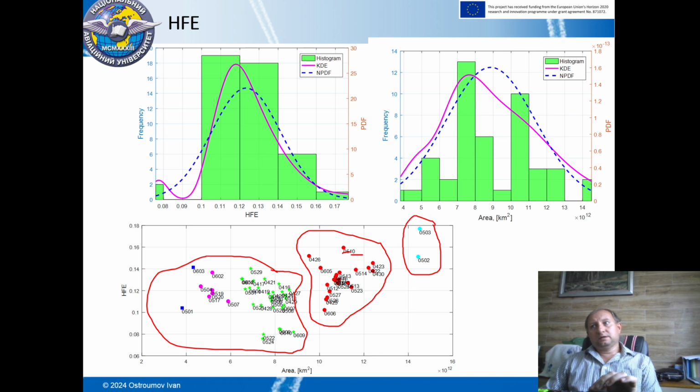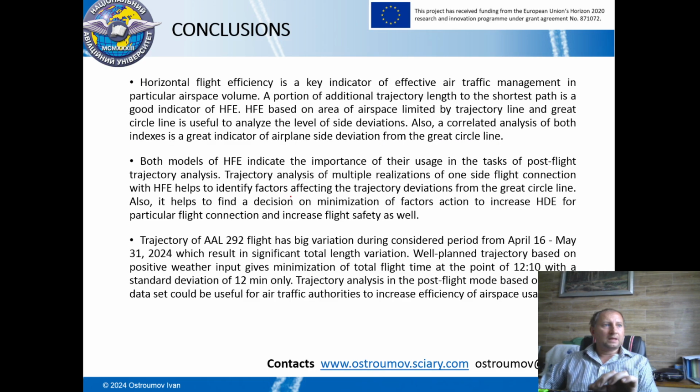That's why we think that the classical approach is a good one. However, the horizontal flight efficiency coefficient is not the only parameter which indicates the importance of side deviations from the shortest or efficient trajectory.